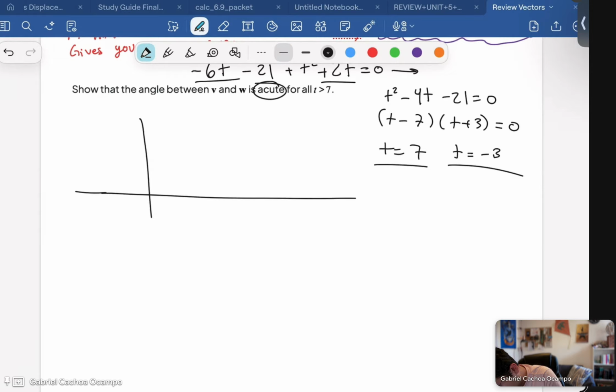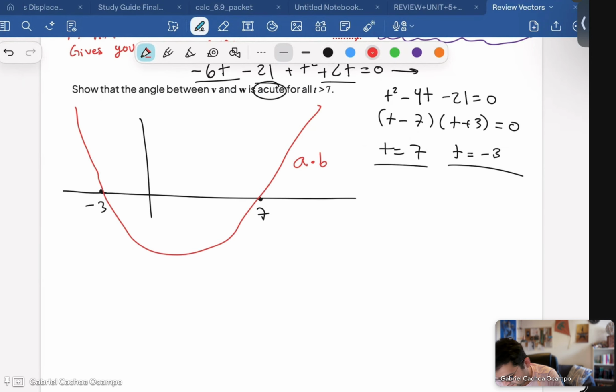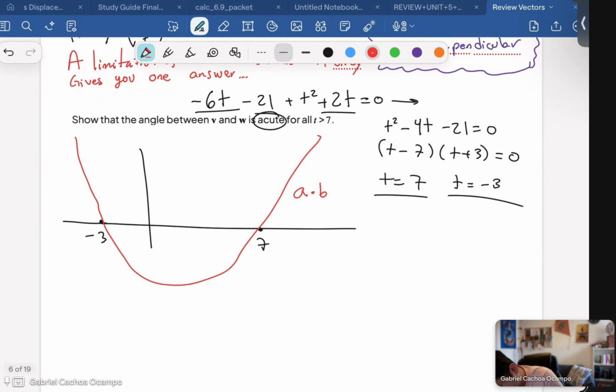I have a negative 3 here and a 7 here, no? This is the parabola that represents A dot B. Do you agree that this is the equation t squared minus 4t minus 21?